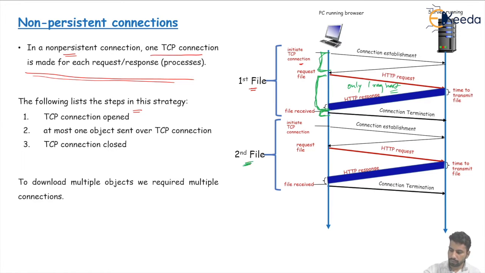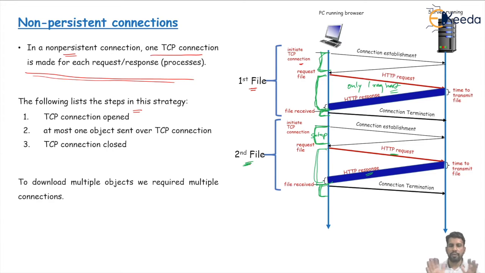And here you see the connection setup phase will take place, and then the client sends the HTTP request and the server sends the HTTP response. Here the data transfer phase takes place, and after fulfilling this request the connection termination phase will take place.